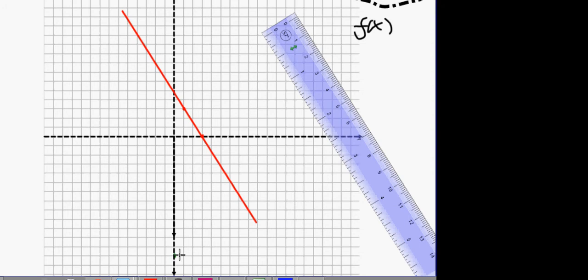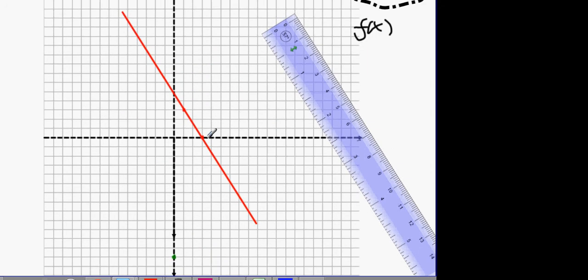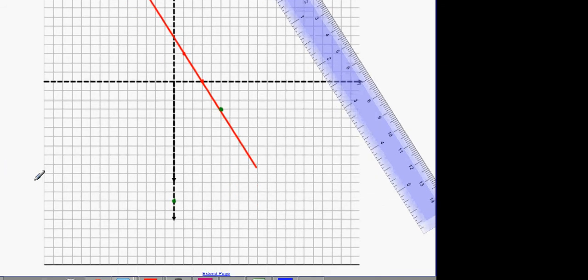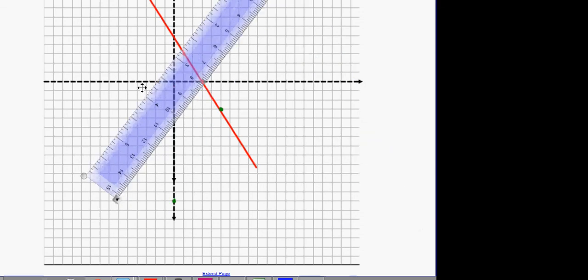There you go, 0, minus 13 down there, okay? What's the other one? 5, minus 3. 1, 2, 3, 4, 5, down 3. Oh, you can see the answer now, can't we? Because both lines have the same point in common.